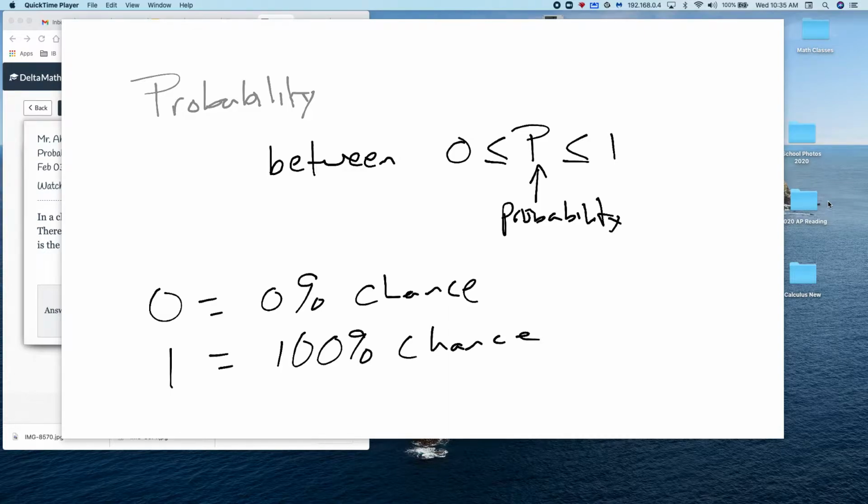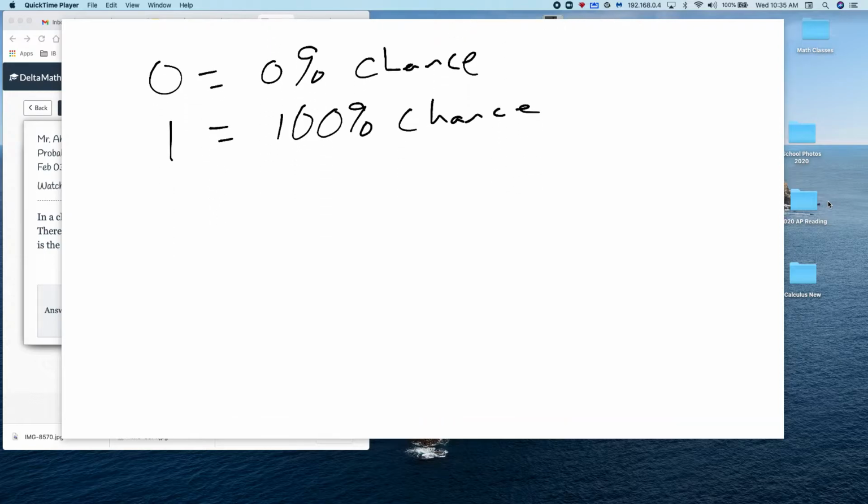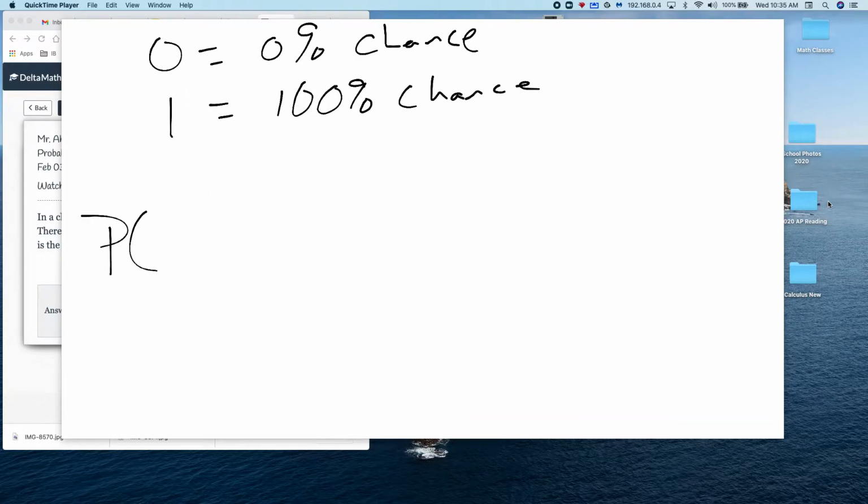So if you're looking at values and the probability turns out to be like 2.4, that doesn't make any sense. Probabilities are always between 0 and 1.